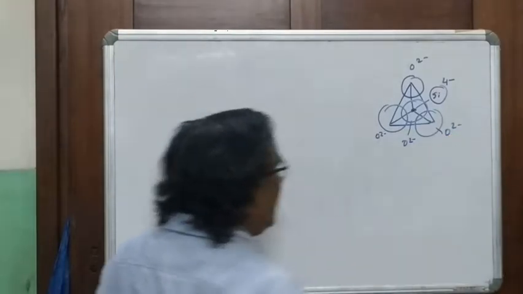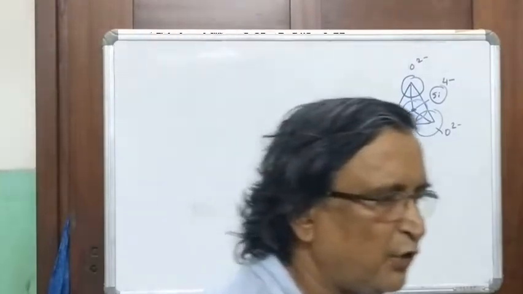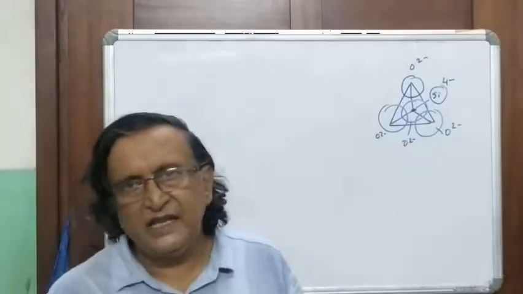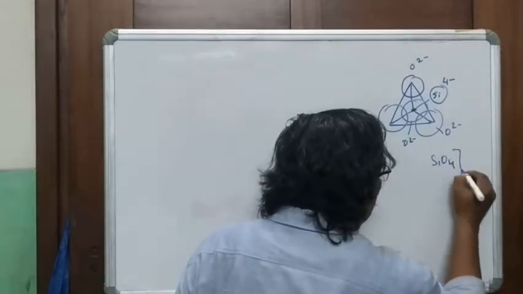So essentially you have 4 positive charges and 8 negative charges. So the SiO4 tetrahedra is SiO4 4 minus. We have talked a little bit about this.